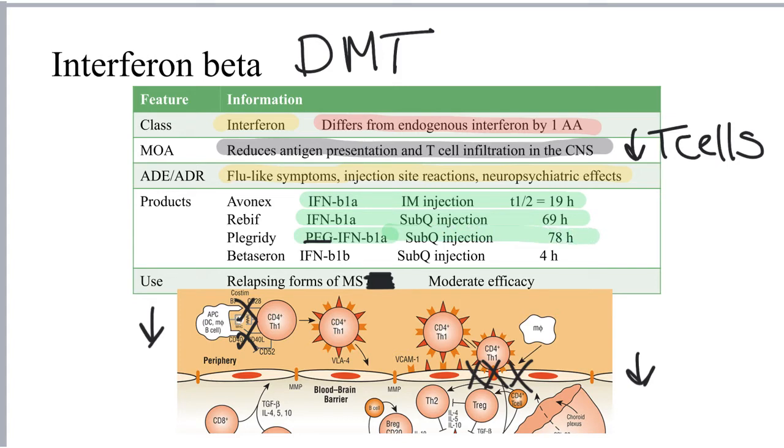Finally, Betaseron is an interferon beta 1B product that is also administered by subcutaneous injection and has the shortest half-life at 4 hours. The interferon beta products are used for relapsing forms of MS, and they are considered to have moderate efficacy overall when compared with other drugs.